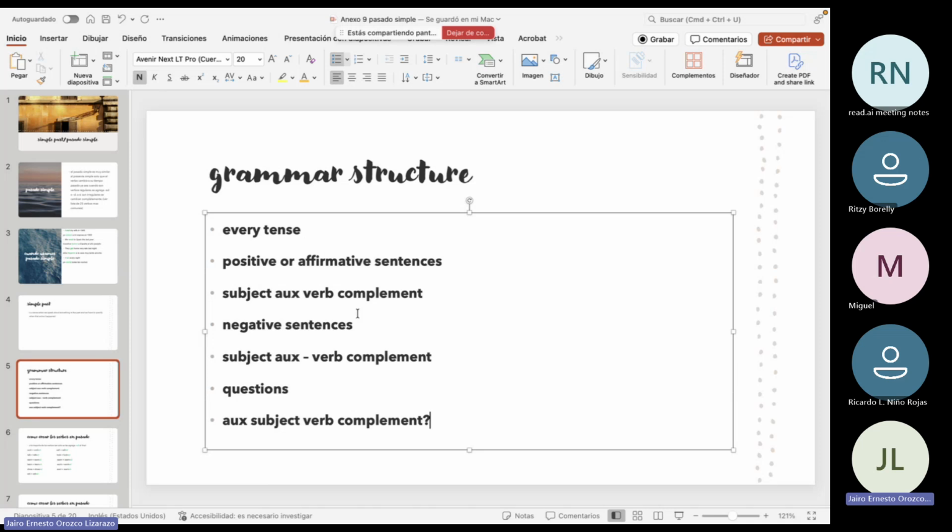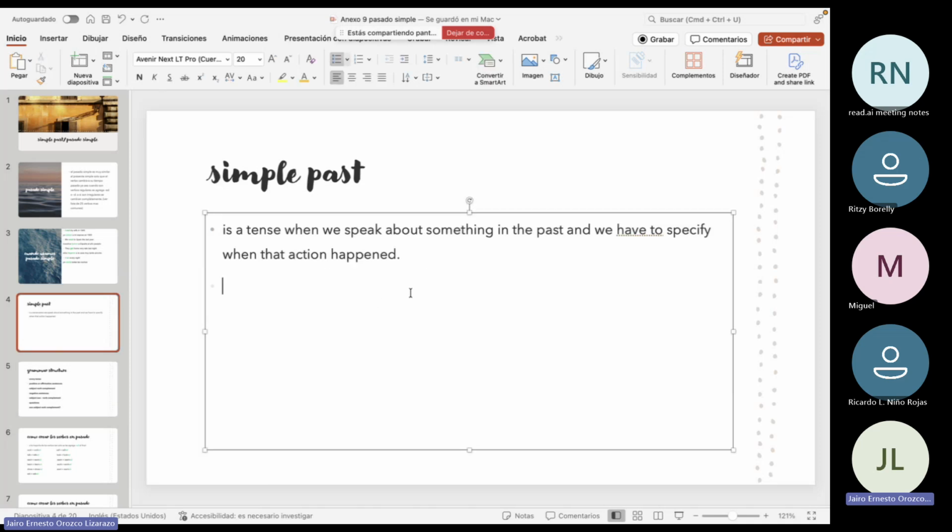That is the same for every tense, except for present simple and past simple. In present simple and past simple, we don't use the auxiliary when we make positive or affirmative sentences, right? We say, for example, in present simple, I play soccer, right?